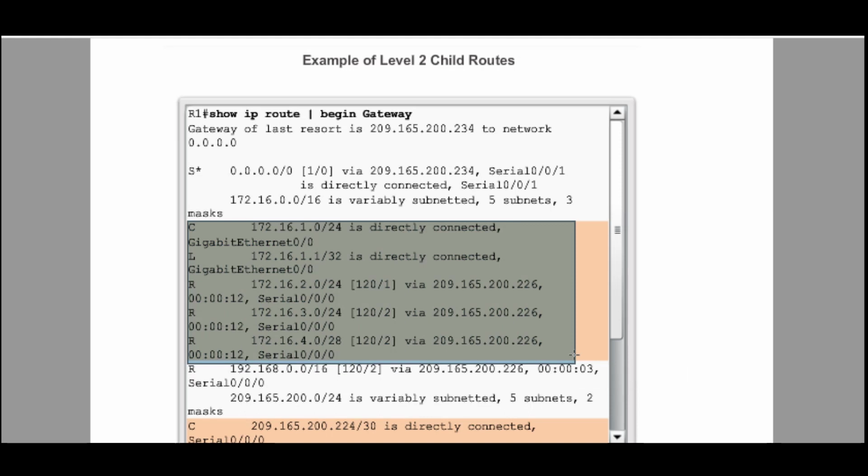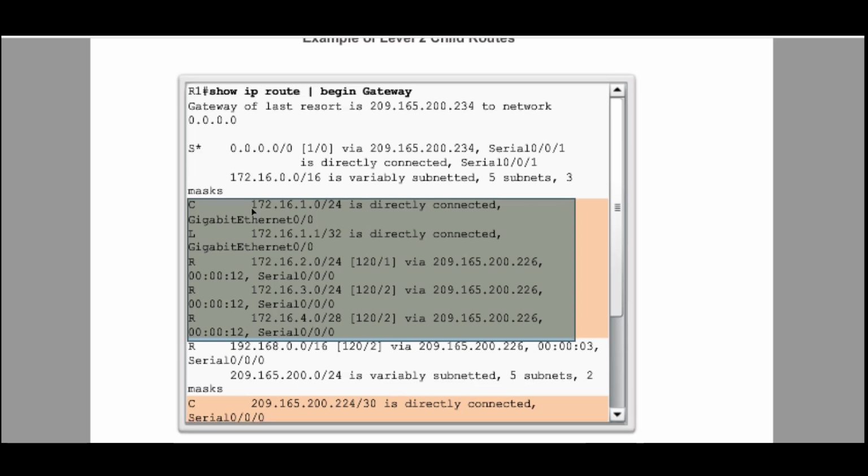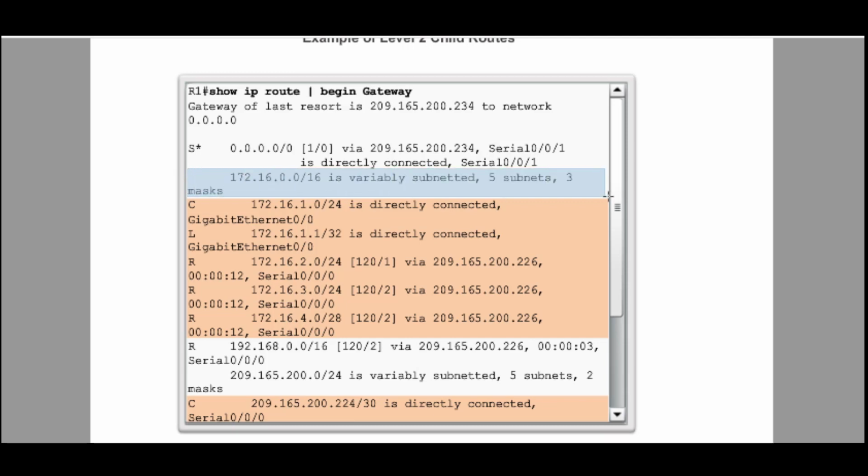So there are 3 things we discussed. In the first one, ultimate root, that is different. Level 1 root means if there is any supernet, it is called level 1. Level 1 parent means subnetting. Level 2 child means these are all the childs. In the last, I told you this is level 1 parent.